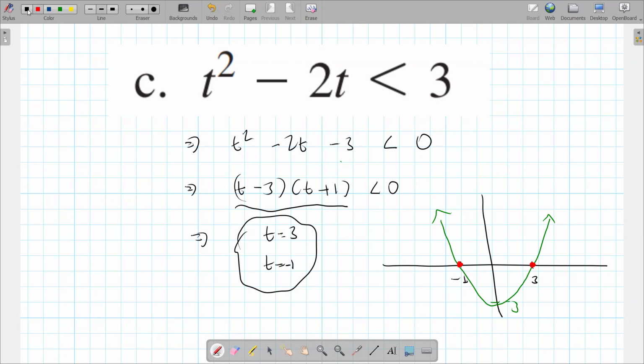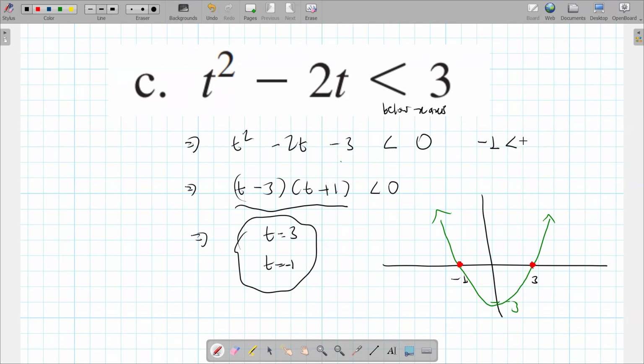I can't hear you quite clearly, but the answer is that it's between -1 and 3. Negative just means below the x-axis. So the answer is between -1, not inclusive, because if x were exactly -1, the y value would be 0, which is not a negative number. We need the values to be strictly negative, not 0.